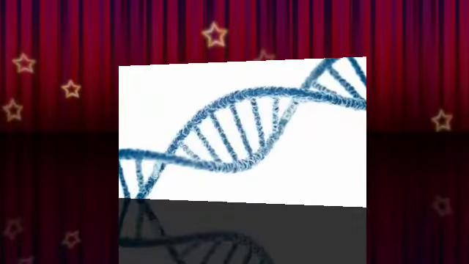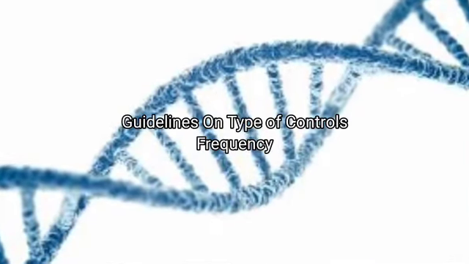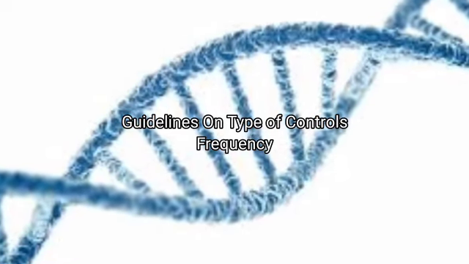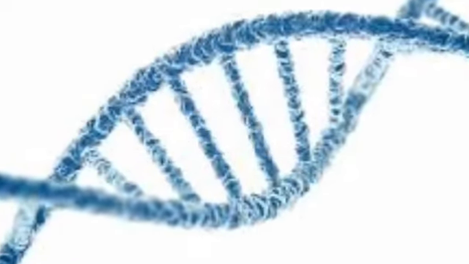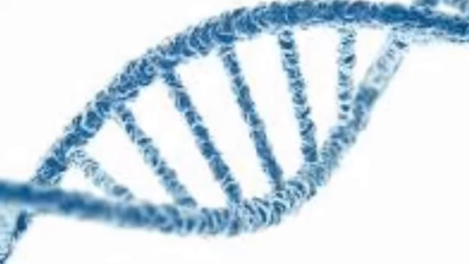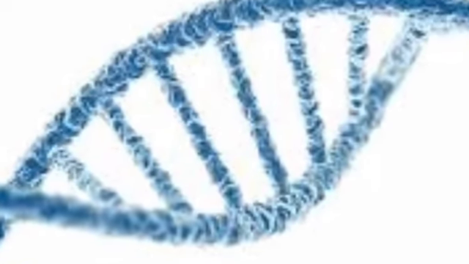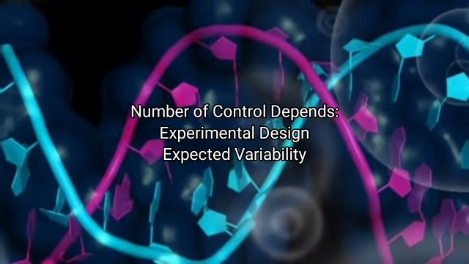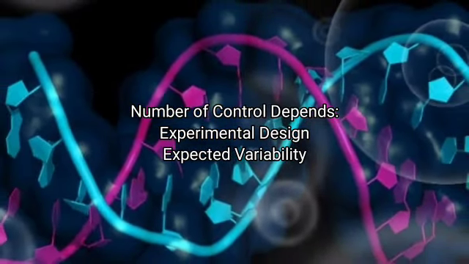General guidance on both positive and negative control types and the frequency in which they should be performed will be discussed here. The actual number of controls will depend on the experimental design and expected variability.